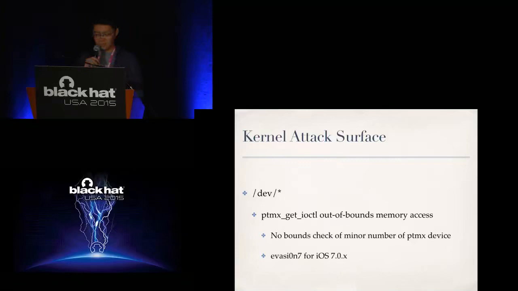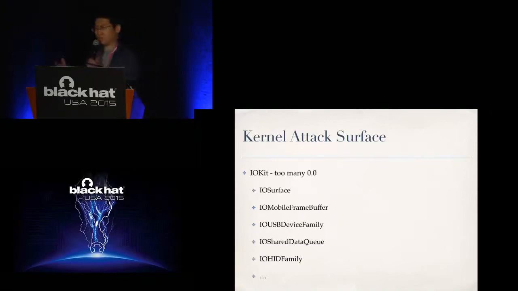The input parameter is the minor number of the ptmx device, and that caused an out-of-bounds memory access bug. Okay, so the last part is IOKit. There are so many bugs in IOKit, so I just listed some names of them. In recent jailbreaks, all the kernel bugs exist in IOKit.